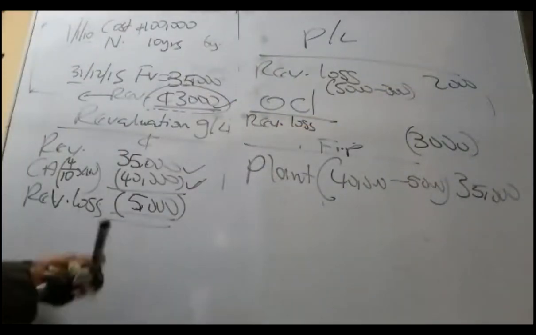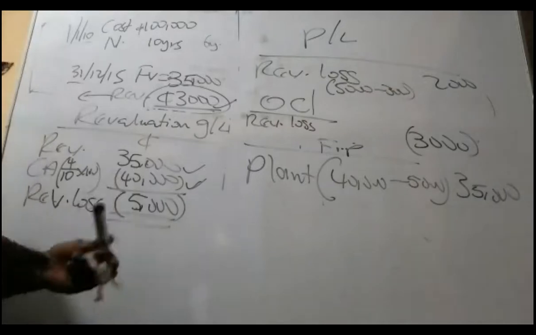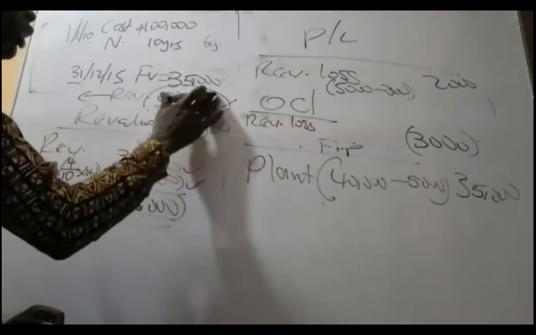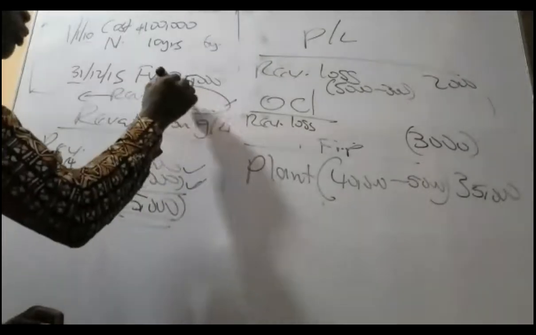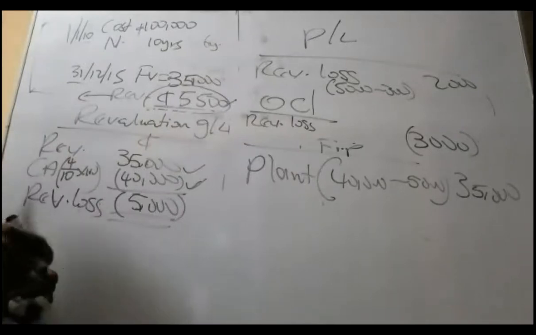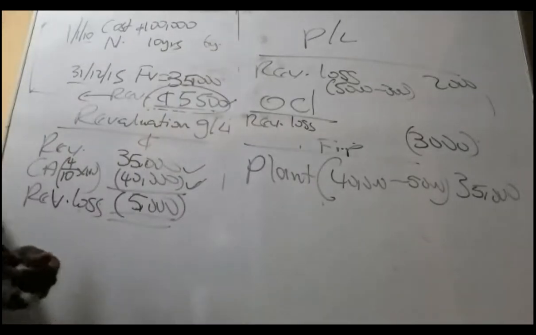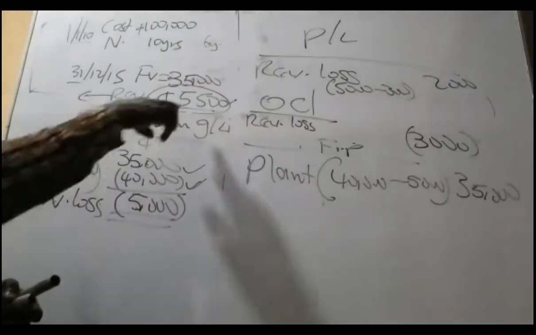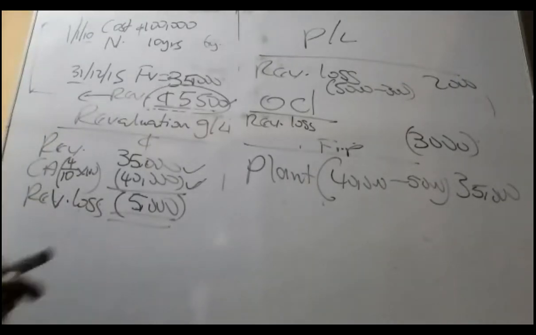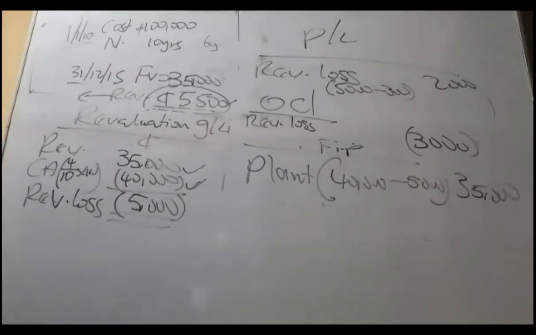So basically, that is the treatment. Now, you are trying this. What if the revaluation gain happens to be 5,500? You are trying it. If I do one, you do one. If the revaluation gain happens to be 5,500, what's the treatment?